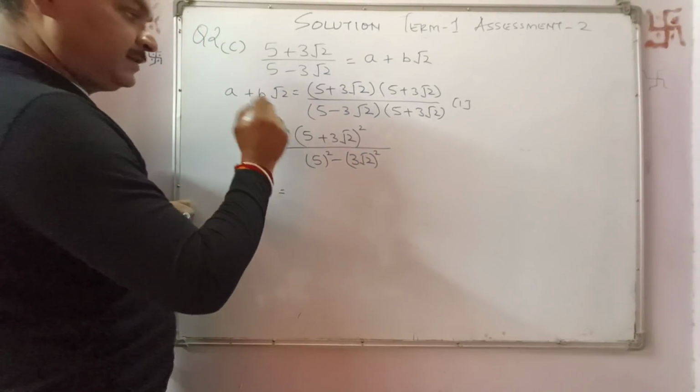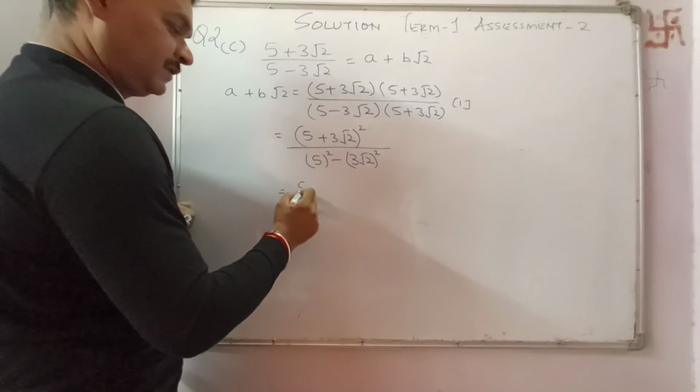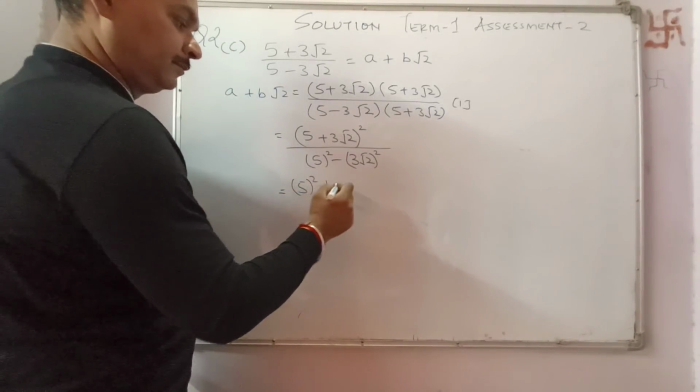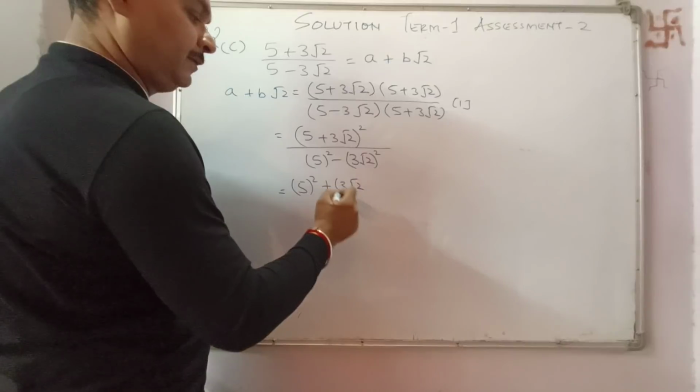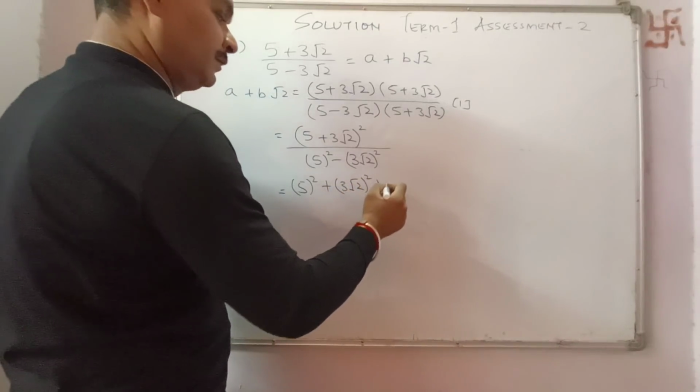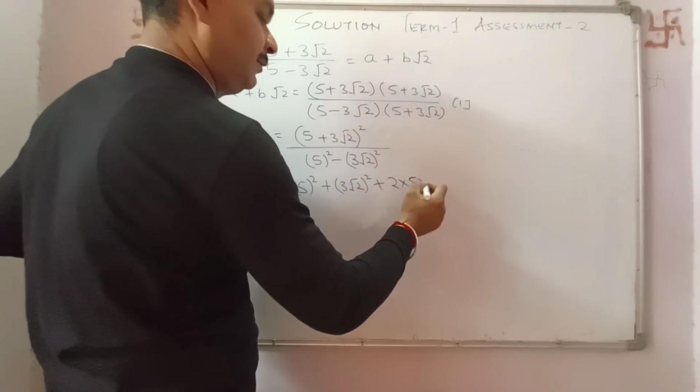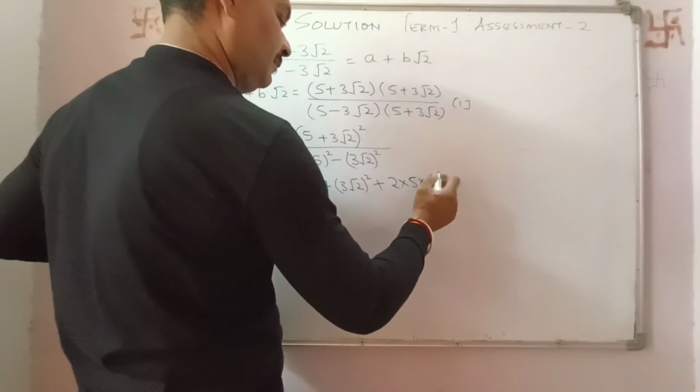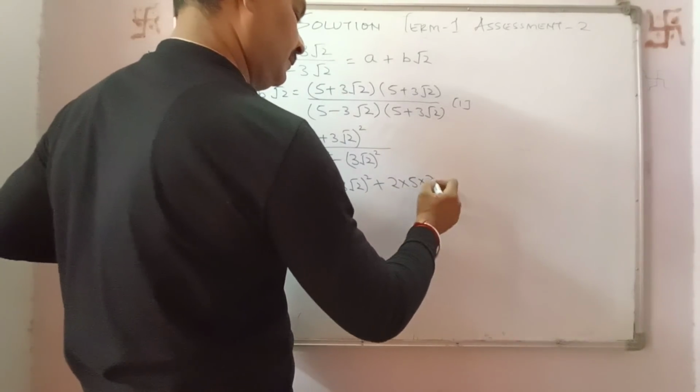Now we'll expand. First term square plus second term square plus 2 times first term into second term.